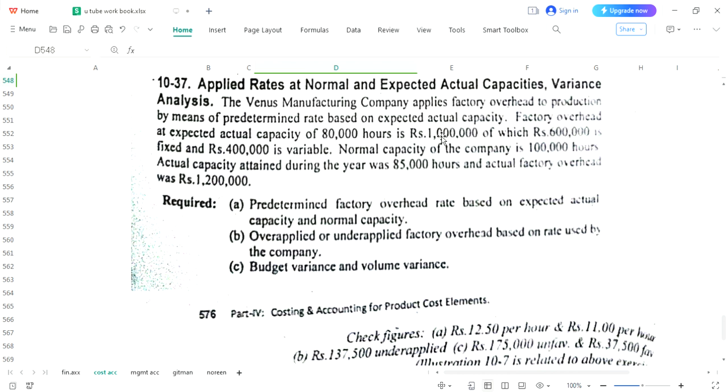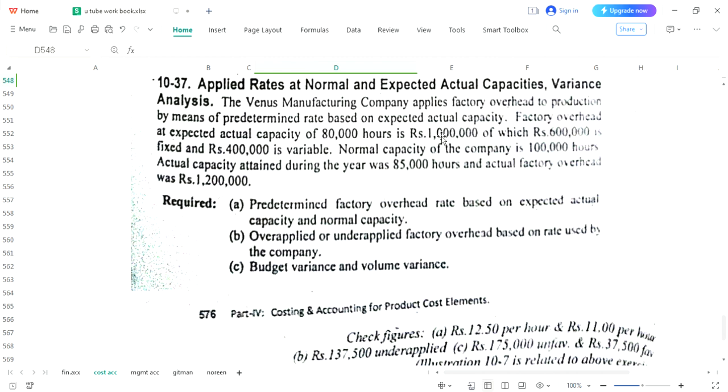There are two words which I would like to explain. First word is expected, second word is normal. When you have assumed anything, when you have supposed something, it is called expected. And normal means which usually happens in that period of time. Suppose you want to buy a book.